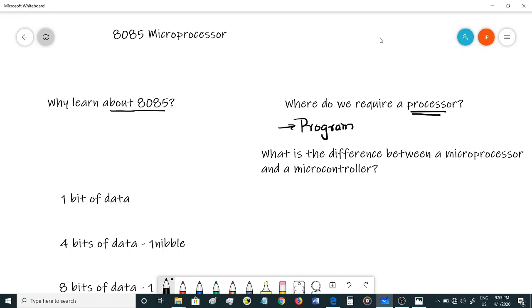But wherever you want to run a program, let's say your remote control, whenever you press a switch on it, it has to identify which switch is being pressed, and correspondingly each switch will have a particular frequency of infrared light that will be emitted, and this light will be decoded and understood in the device.